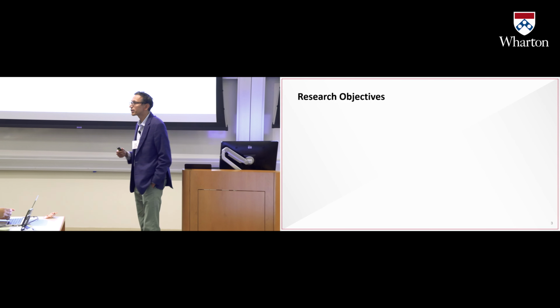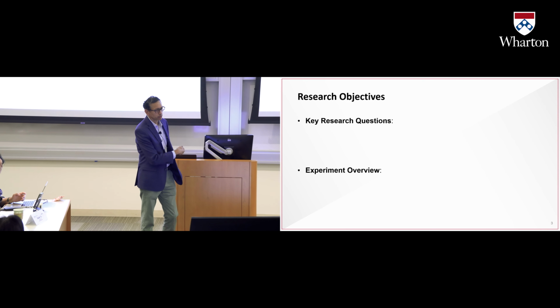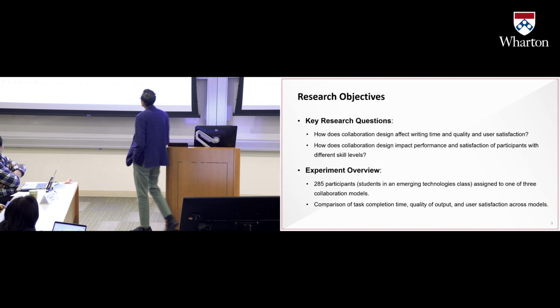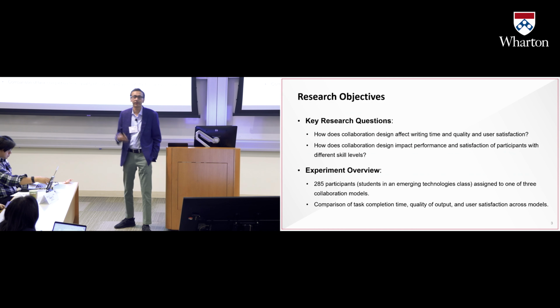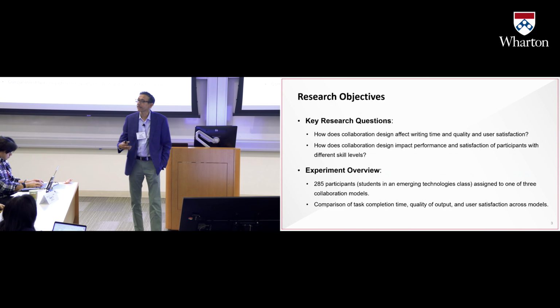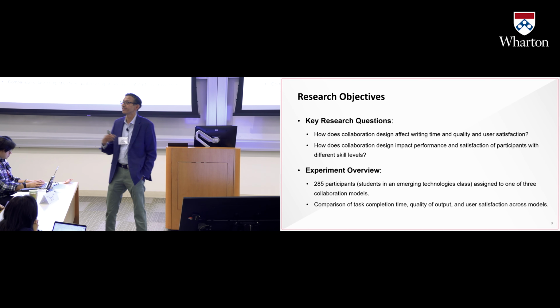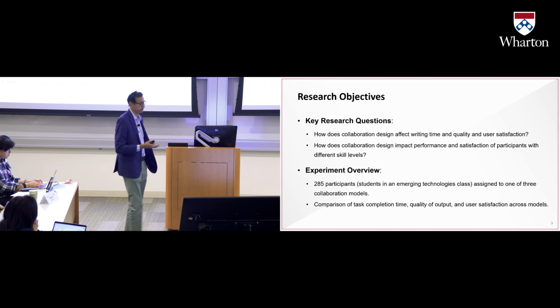So in this study, we're asking how does collaboration design affect the time to complete writing, the quality of the writing, and also the writer's satisfaction. And also we're trying to assess how this answer varies based on the skill level of the participant.